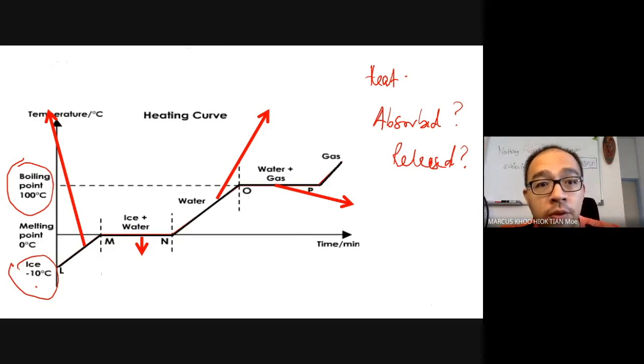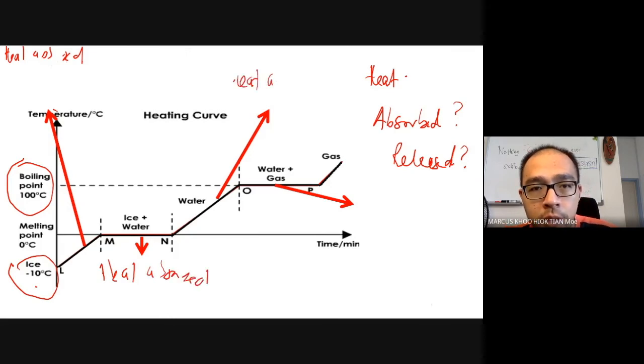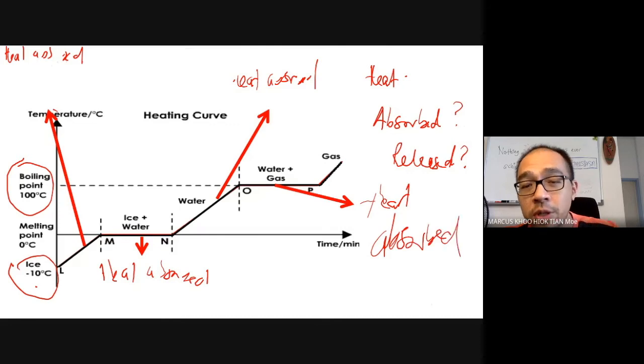So in all four rows of your table, heat is absorbed because you're providing the heat. At LM, heat is absorbed. At MN, heat is absorbed. At NO, heat is absorbed. At OP, heat is absorbed. Just write the word absorb there, to tell you that in the whole heating curve process, heat is being absorbed. That's the first aspect.